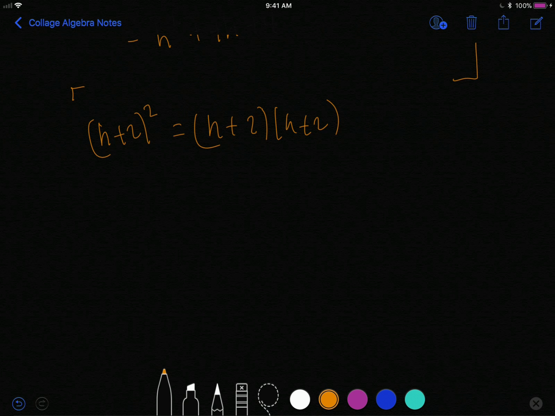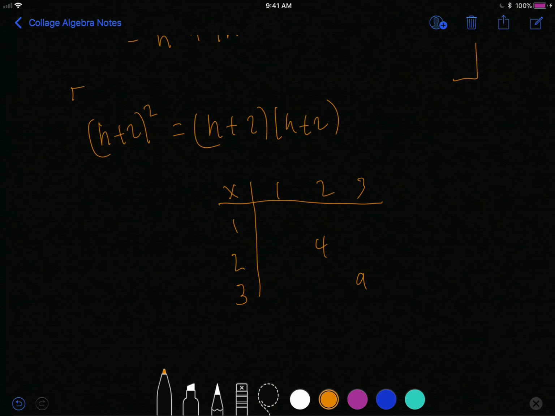Well, you remember the multiplication tables on the back of your book where you would have a times right here and then 1, 2, 3 and then 1, 2, 3, and then they had the whole thing filled out. Remember that? Well, you can do something similar right here to get yourself to your answer.